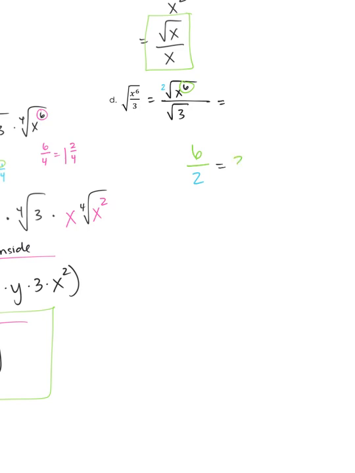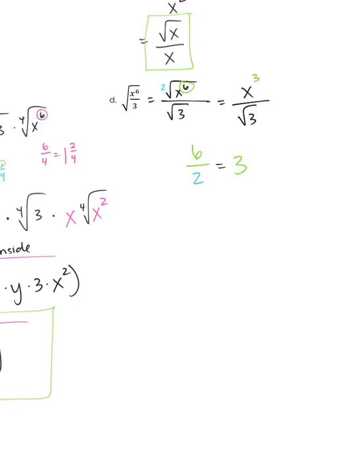And that's going to give me 3. So that alone is going to simplify to x to the 3rd. However, the denominator is not going to simplify. It's going to stay the square root of 3, but we cannot have the square root of 3.